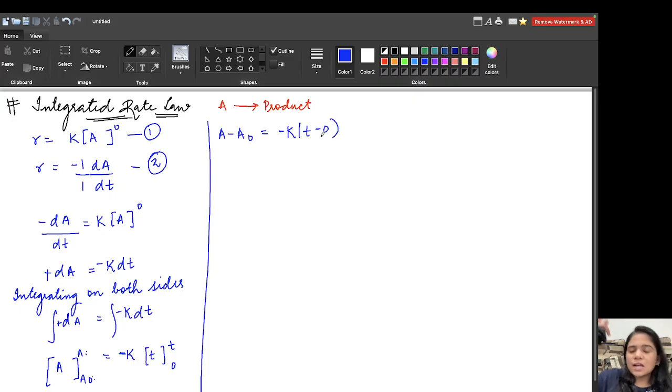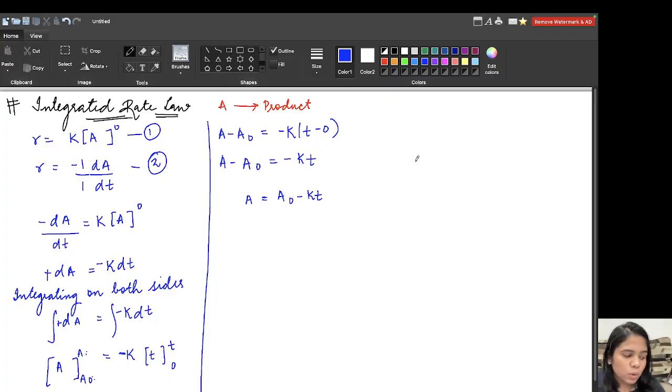Whatever is upper limit comes first. So A minus A0 is equal to minus KT. I can write it like this as well: A is equal to A0 minus KT.